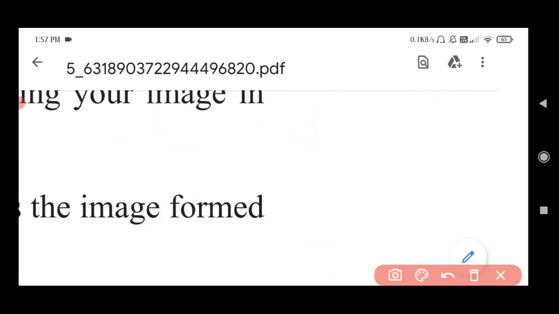Okay, so that is the thing, and let me give you a trick to remember what is a concave and a convex mirror and how to represent it. So basically I have drawn a C shape.